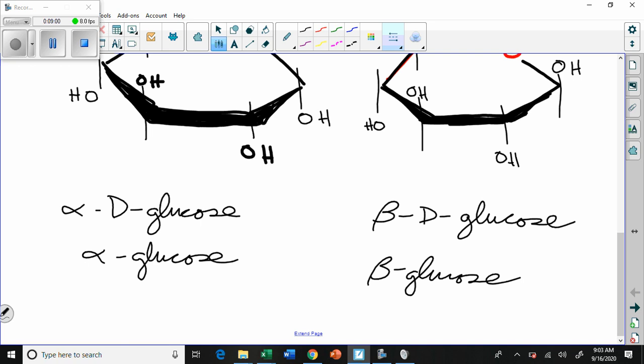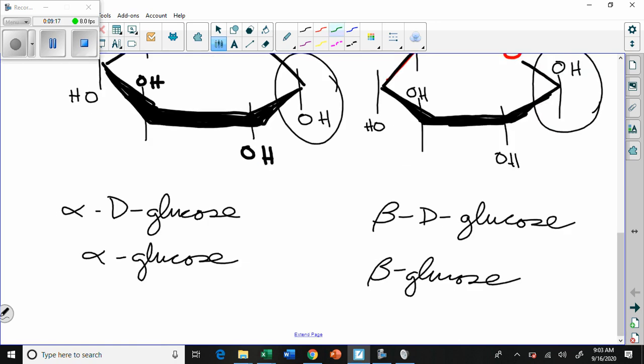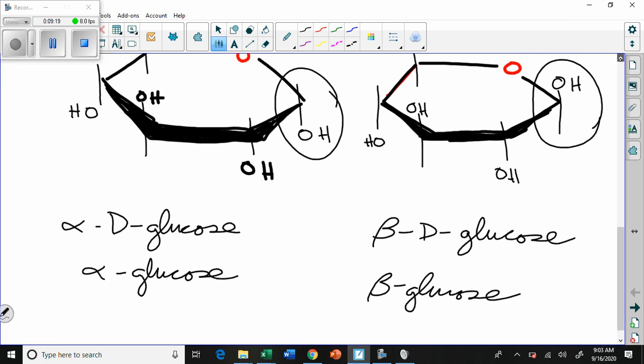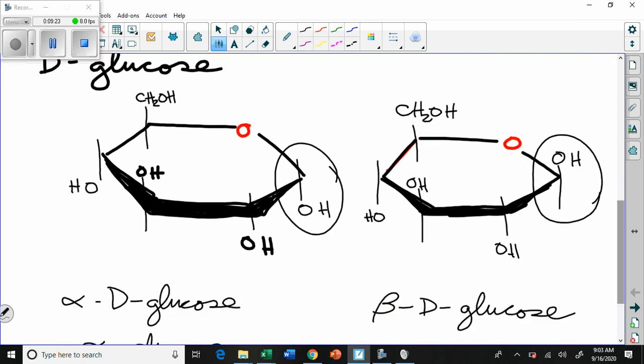So look at these two pictures for a minute, and drill into your mind what makes them different. And it's simply this. This is the part that makes them different. One is up and one is down. What I like to do is focus on the two ends. So I focus on this side and this side of the molecule.